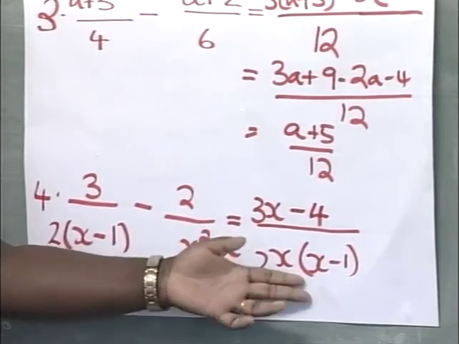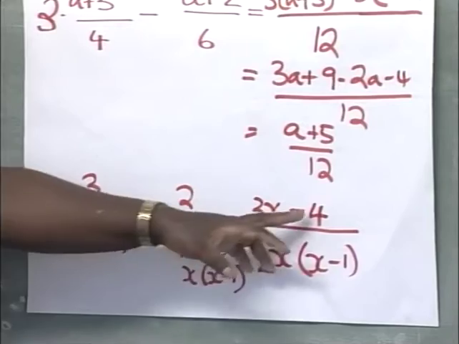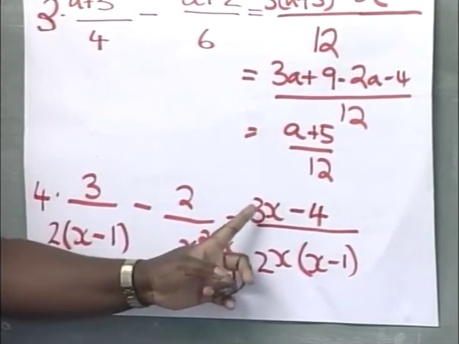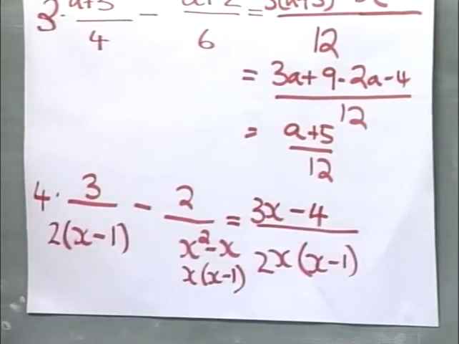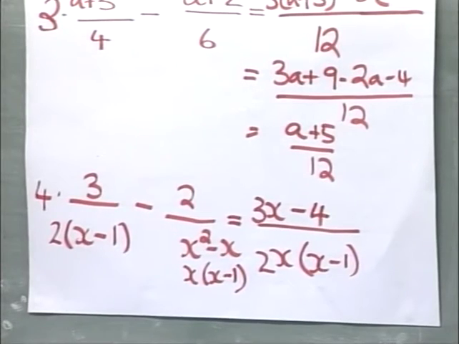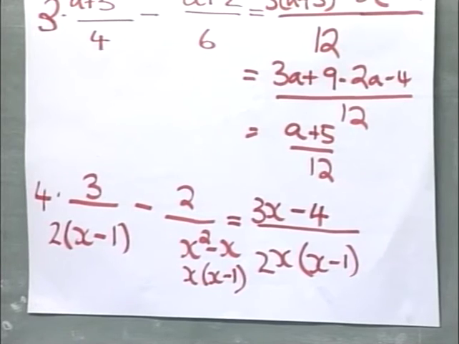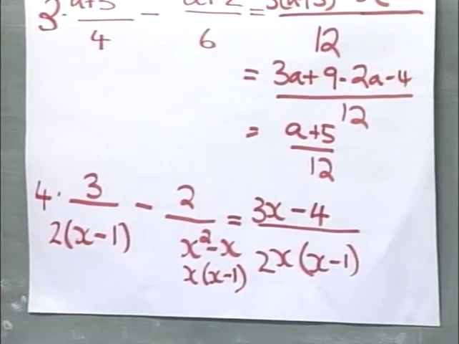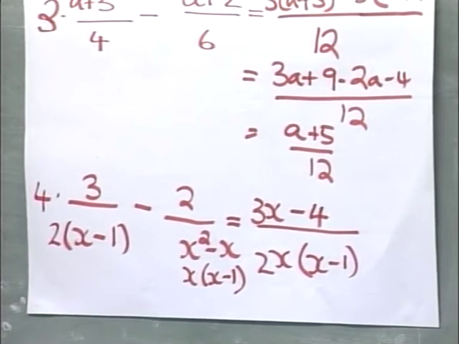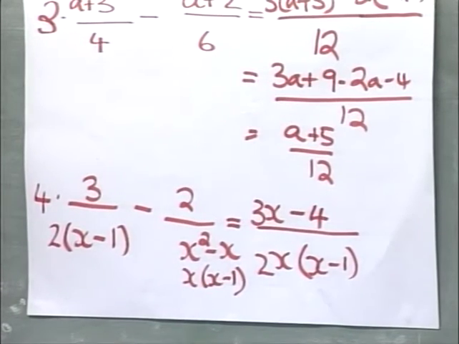But the way it is, I cannot cancel even this 4 and 2 because it says 3x minus 4 all over 2x times x minus 1. Okay. I want you to do letters A, B, and C.